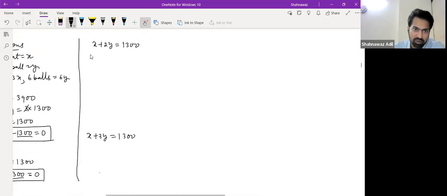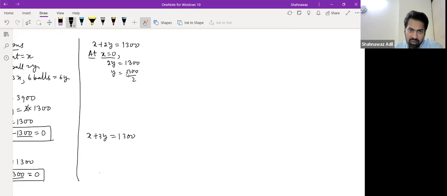So we have to find 2 points. At x equals 0, we have 2y equals 1300, so y is 1300 by 2, which is 650. So the point would be 0, 650.